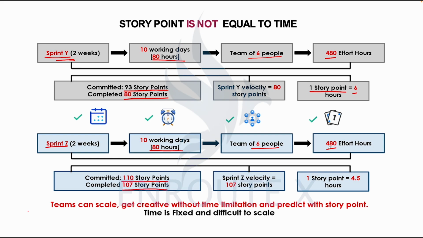We'll see from here that the same 480 hours, they used it to complete 107 points. So 480 hours divided by 107 story points here in sprint Z gave 4.5 hours for 1 story point. So that's just pointing to us that story point is different from timing.